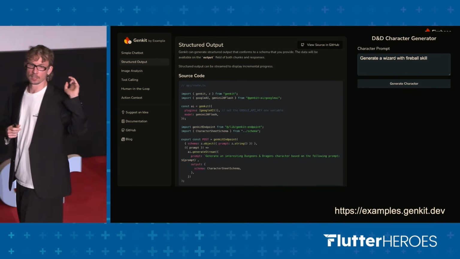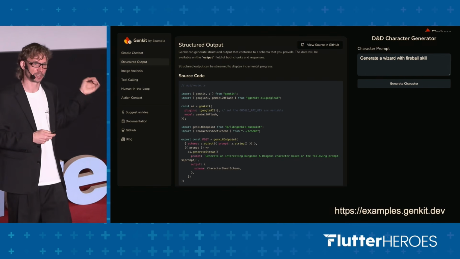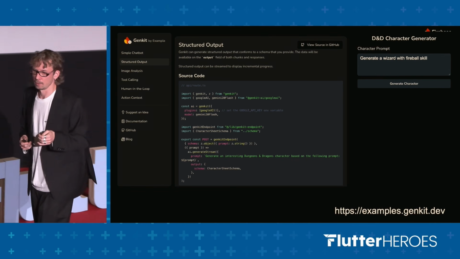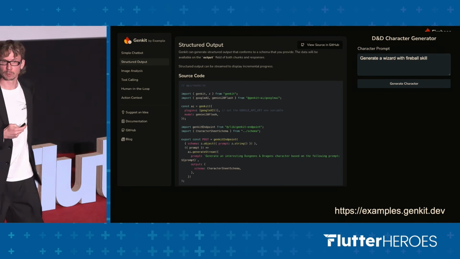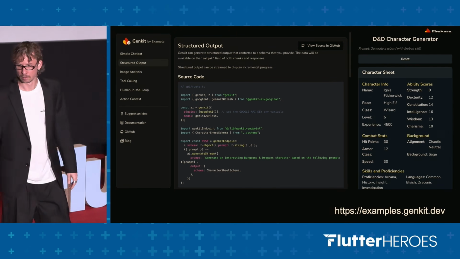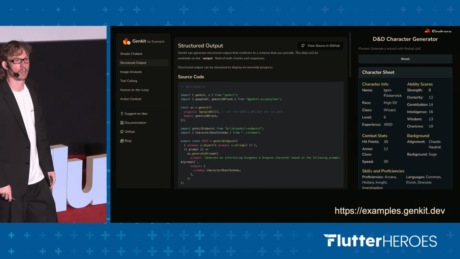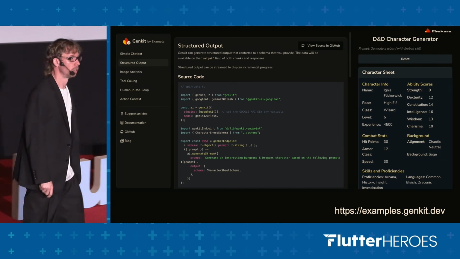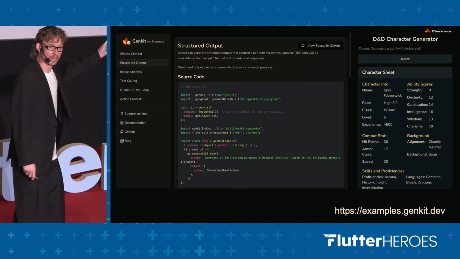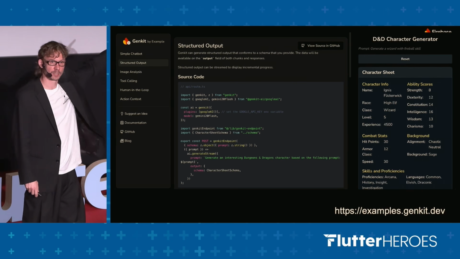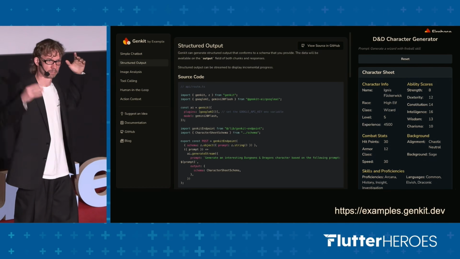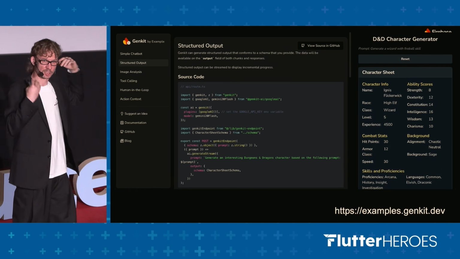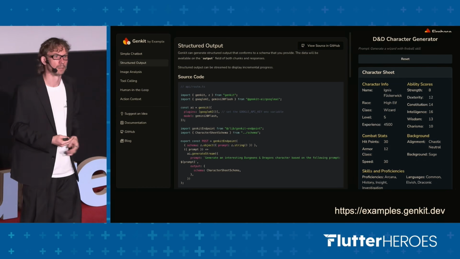There are simple flows that generate a character for Dungeons and Dragons. I just wrote, generate a wizard with a fireball skill. And there is the answer. So the response of the model is a wizard as JSON with different types of characteristics, and you just display it. So it's not text, it's a structured answer.